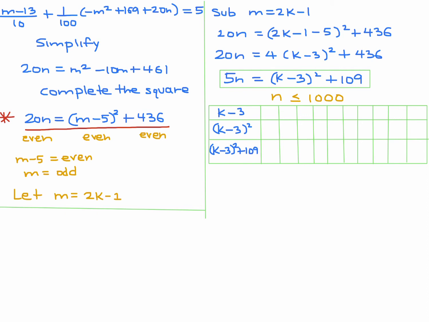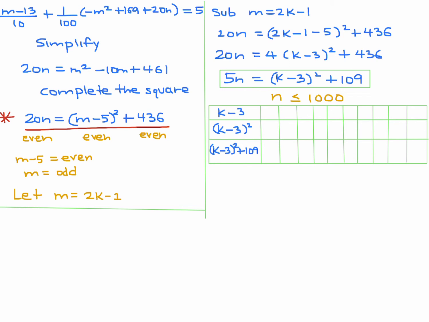Now, (k minus 3) squared plus 109 is equal to 5n. So that means that is a multiple of 5. And multiples of 5 end in either 5 or 0. All right?